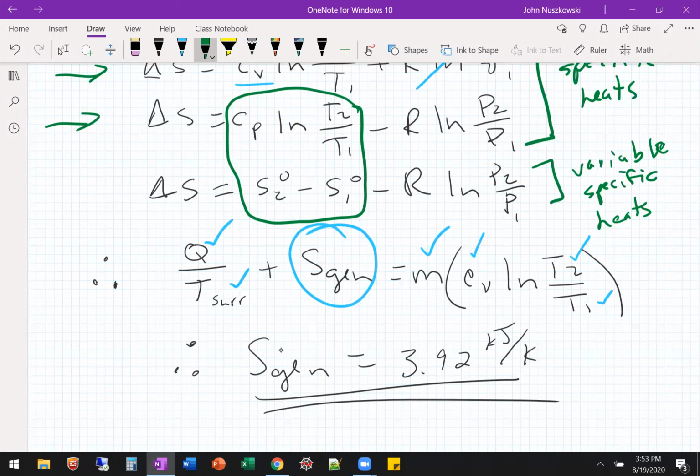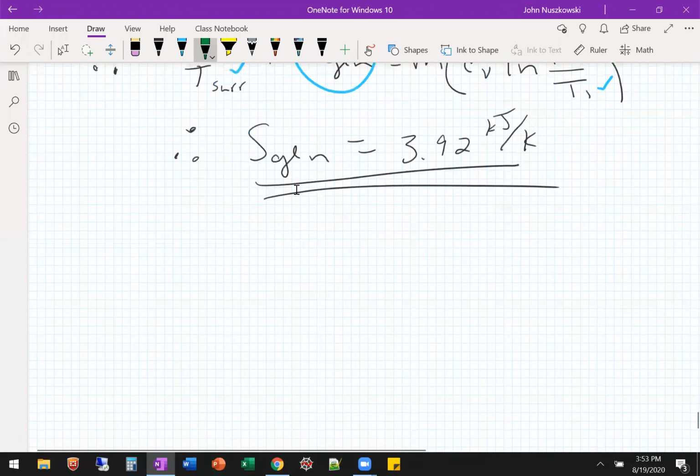You'd have to use a molecular weight to get it in kilojoules per kilogram Kelvin for this S naught. But in those tables, it's kilojoules per kilomole Kelvin. The air table A17 actually has kilojoules per kilogram Kelvin. So that's the only thing to be careful of if you don't use constant specific heats for anything that's not air. The tables are just for moles when we get to chemical reactions. Any other questions?